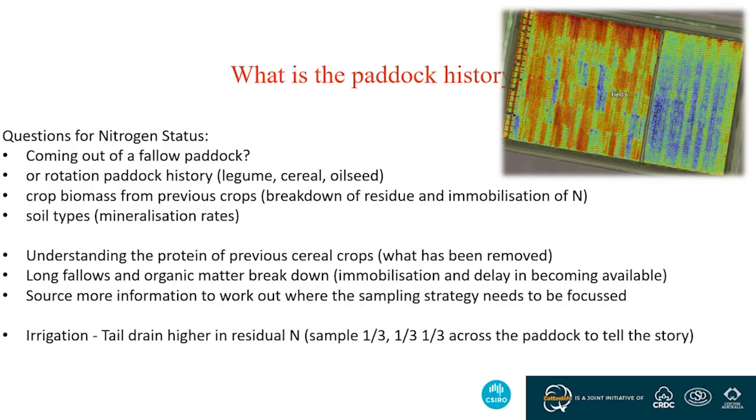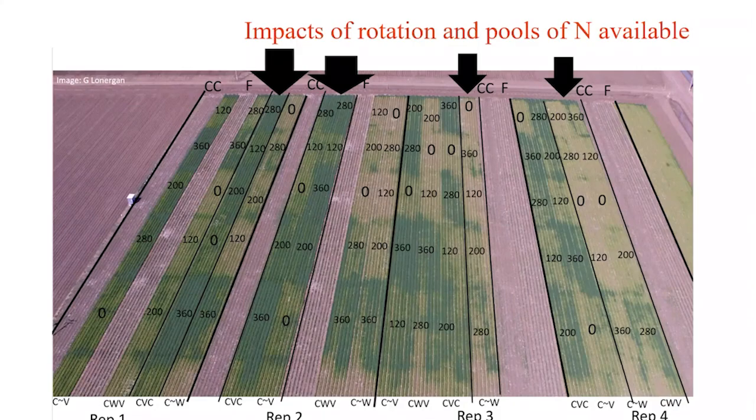And as Tim makes the point, it'll be really important to have a thorough understanding of your nitrate levels in that paddock, where you're sitting and where that can take you going forward. If you're reading down the bottom, C is cotton, V is vetch, and W is wheat, and then you've got different rates sitting out through that. So that just highlights the role that crop rotation is playing in your nitrogen dynamics there.